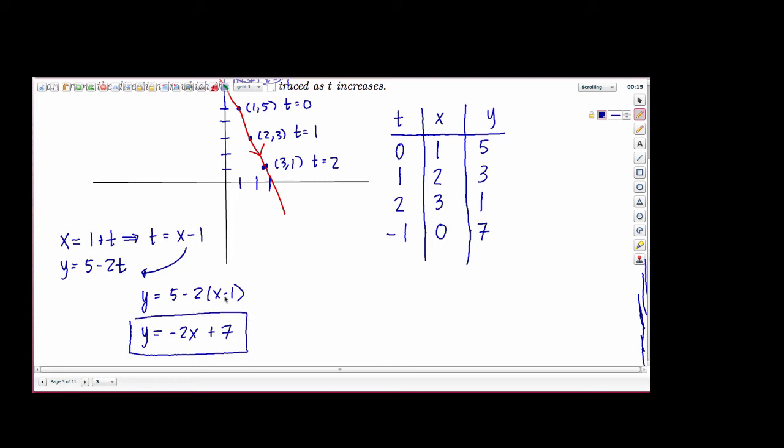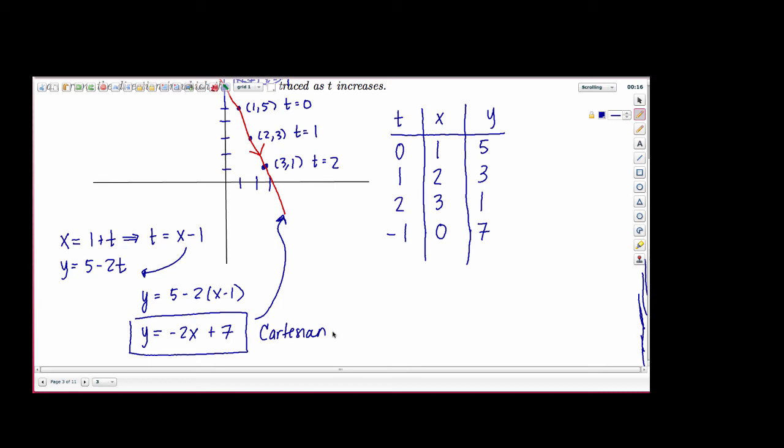So we see that the graph of this curve really is a line with slope minus 2 and y-intercept 7. One important thing to note, this is our Cartesian or ordinary equation of the curve, Cartesian equation.